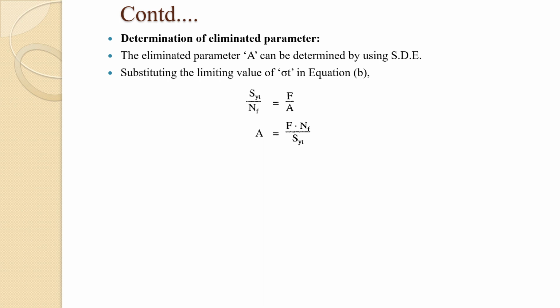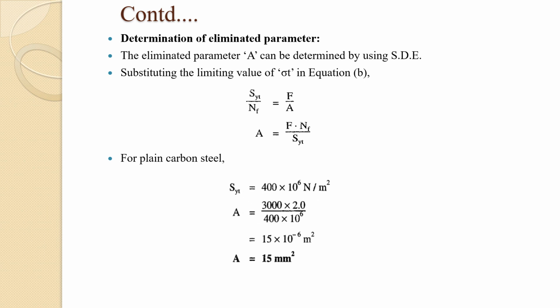Equate both equations, you will get A is equal to F into factor of safety divided by SYT. For the plain carbon steel, which material we have selected, SYT is 400 into 10 raised to 6 Newton per meter square. So put all the values and you will get capital A is equal to 15 mm square.